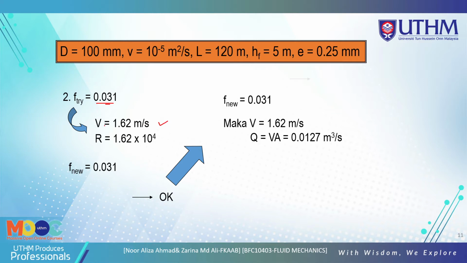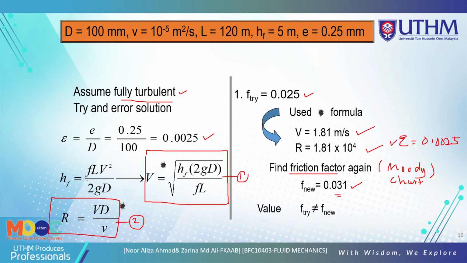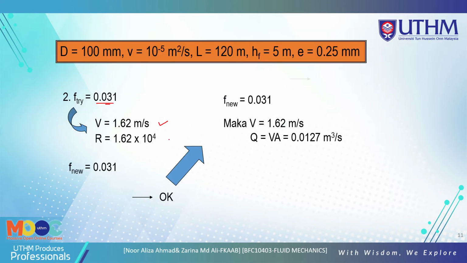Then you put it again in the Reynolds number formula to get the Reynolds number. Based on the relative roughness and the Reynolds number, you look at the Moody chart and find the F new. You get F new is 0.031, the same as the trial. So you stop at trial 2 and use F as 0.031.